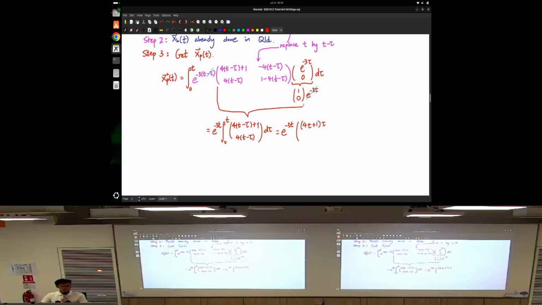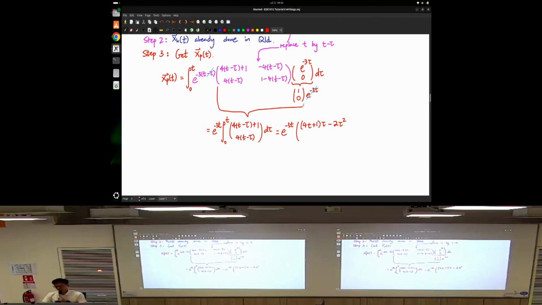Because the 4t can put the plus 1 together. It's a constant in tau. So you integrate, get just tau. Then minus 4 tau squared over 2. So it becomes 2 tau squared. Can minus 4 tau integrate. So 4 tau squared over 2 becomes 2 tau squared.